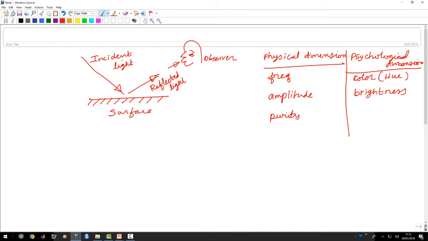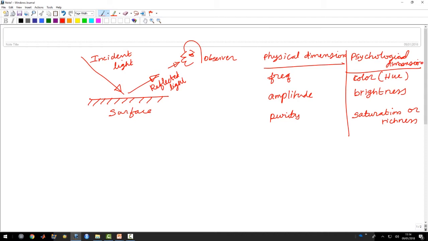The purity of the light is perceived as saturation or richness. You can see that the light has a physical dimension, and after it is perceived, we have certain terminologies. Now this is only the psychological dimensions. We are going to talk about another dimension which is called the psychophysical dimensions.